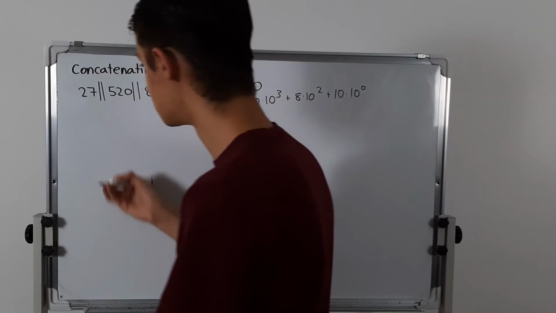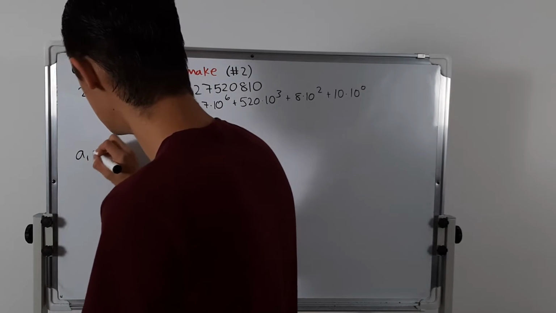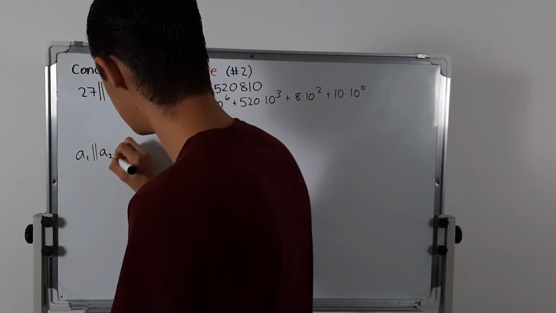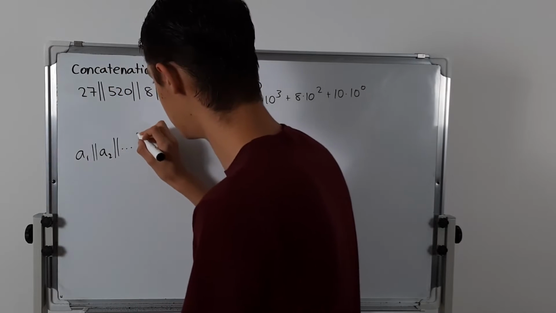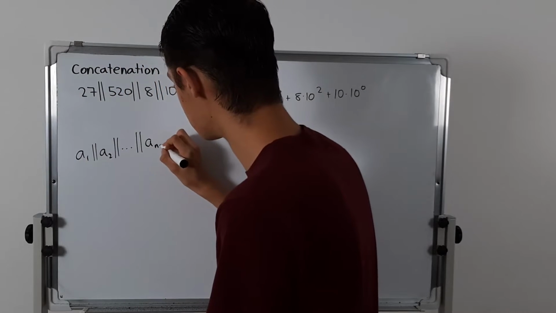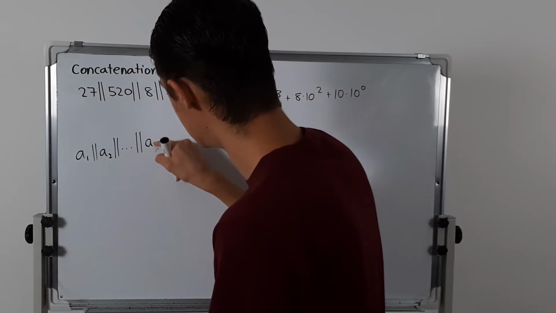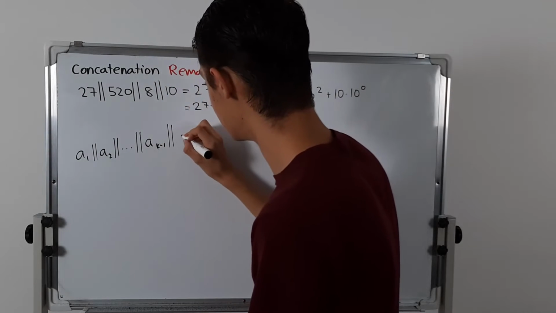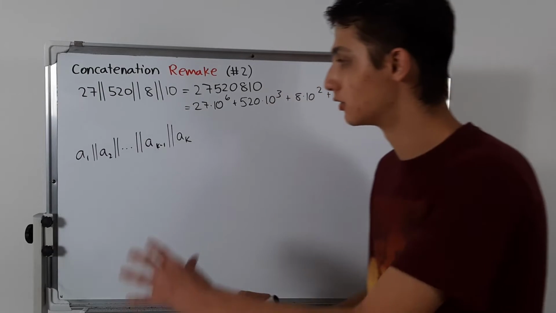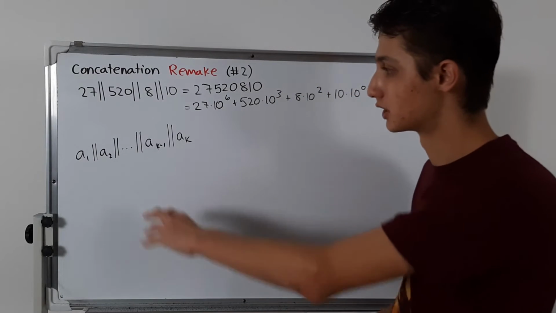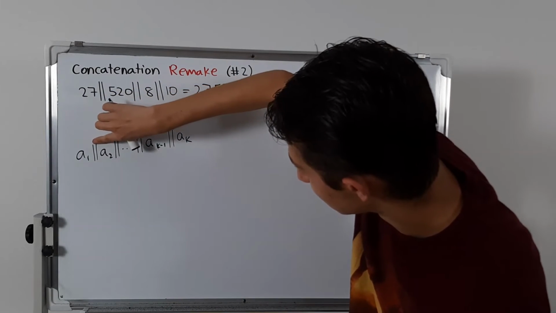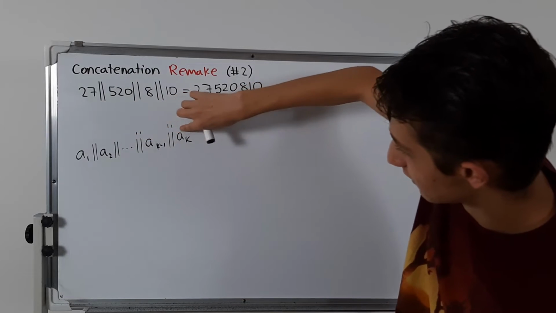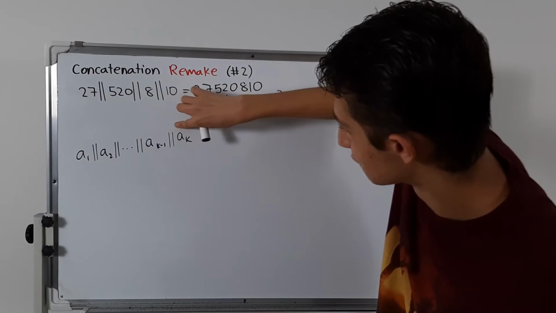So the concatenation, I'm going to say A1 concatenated with A2 concatenated with A, blah blah blah, all the way to A sub k minus 1 concatenated with A sub k. First off, this is a large expression.